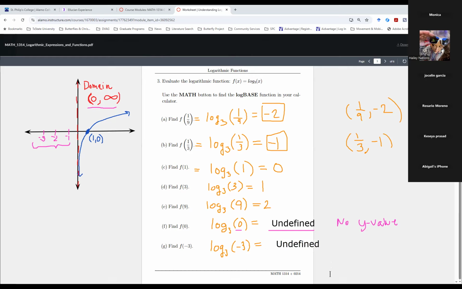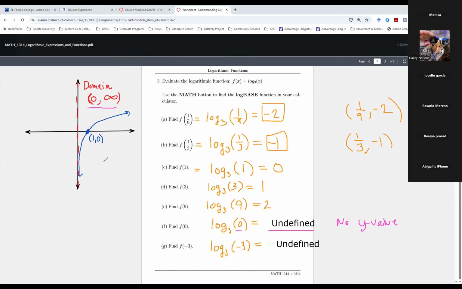Yeah, so you can only plug numbers that are greater than 0 into logarithms, so positive numbers. You can never plug 0 or any negatives into the logarithm. And there's a little asterisk on that. There is one caveat. Imagine for a second that we took this graph and said this is a parent function.